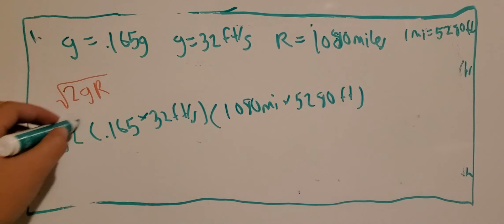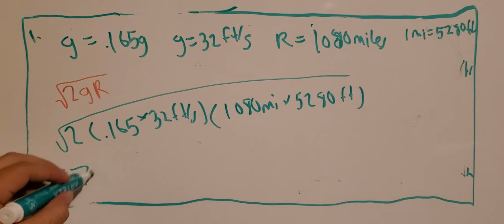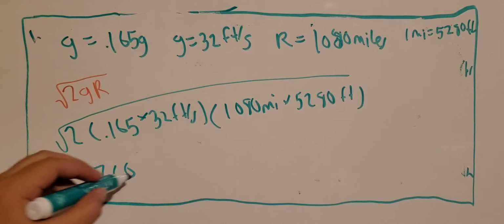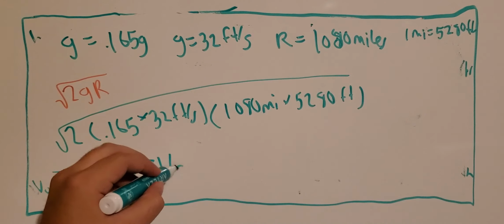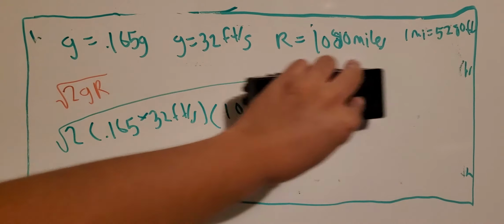In the square root, this gives us v naught is about 7,760 feet per second. So this is our answer in feet per second. We will do dimensional analysis again for miles per hour.